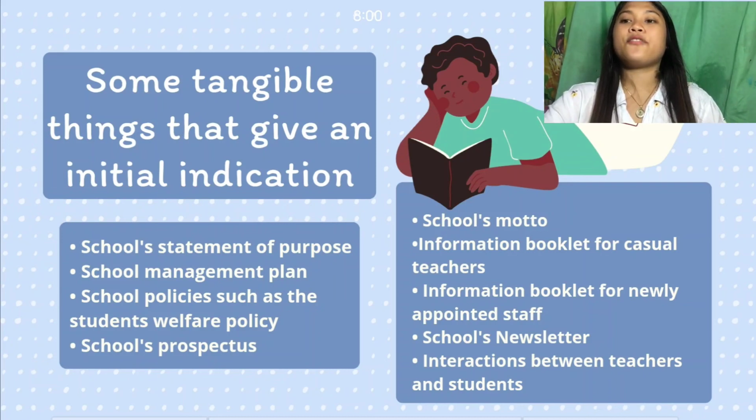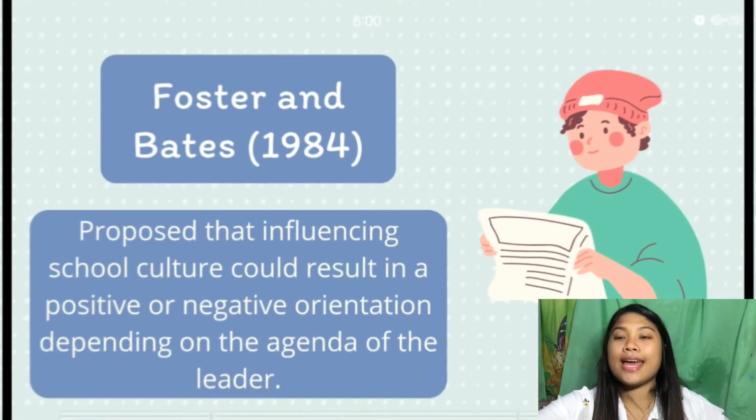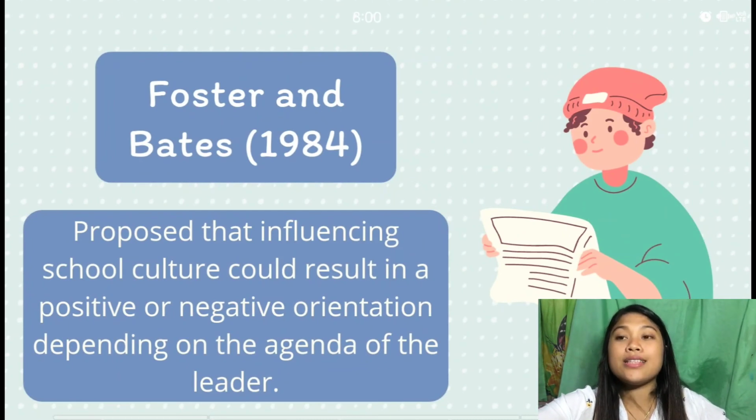And next are the information booklet for casual teachers, the information booklet for newly appointed staff, the school's newsletter, and interactions between teachers and students. And lastly, in 1984, Foster and Bates proposed that influencing school cultures could result in positive or negative orientation depending on the agenda of the leader.